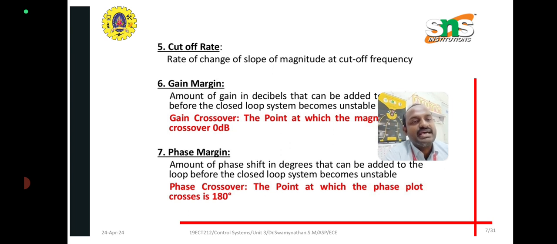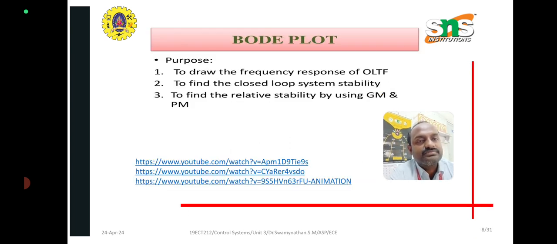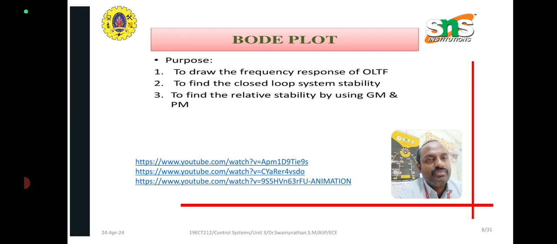The phase crossover is the point at which the phase plot crosses 180 degrees. So the Bode plot has three important purposes: to draw the frequency response for the open loop transfer function, that is OLTF; second, to find the closed loop system stability; and third, to find the relative stability using gain margin and phase margin.